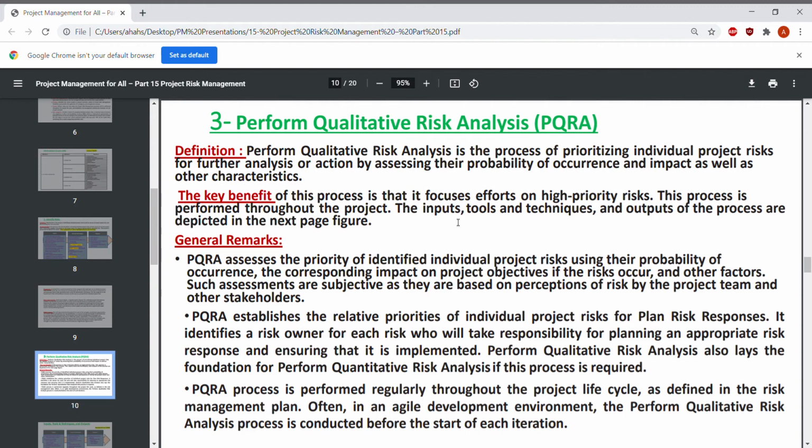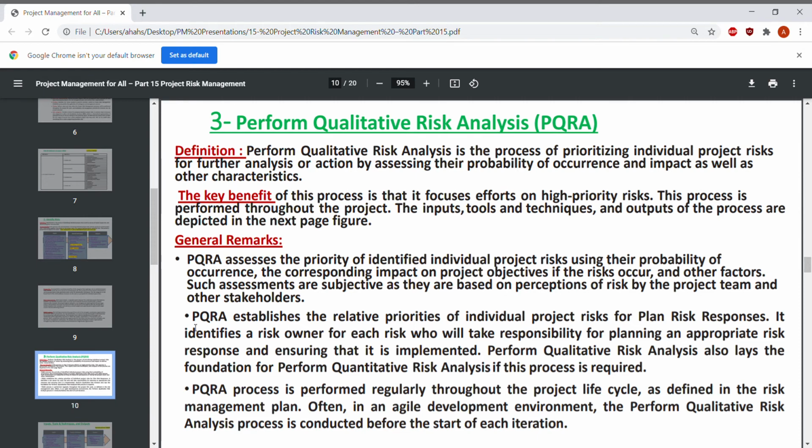The inputs, tools, and techniques and outputs are depicted in the next page figure. General remarks. The PQRA assesses the priority of identified individual project risks using their probability of occurrence and the impact.